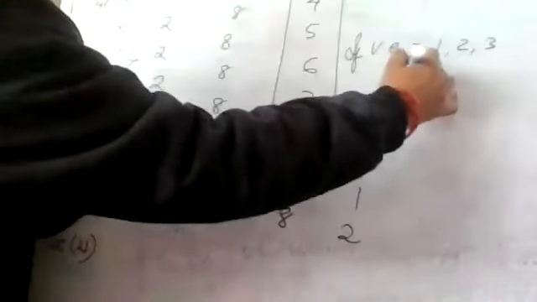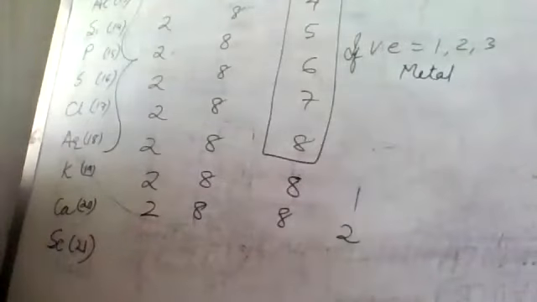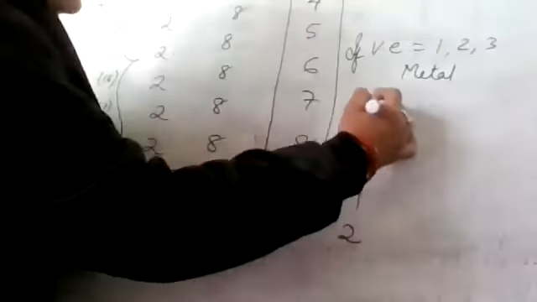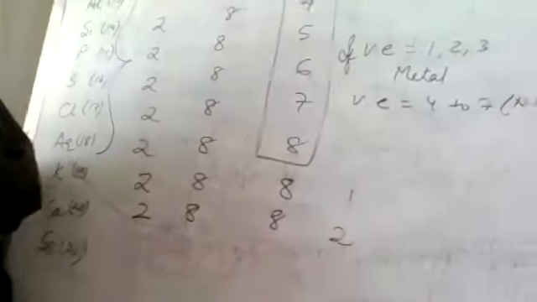Then what you will say? They are metal. ठीक है? If valence electron is 1, 2 and 3, then the given element is metal. If valence electron is 4 to 7, then they are non-metal.